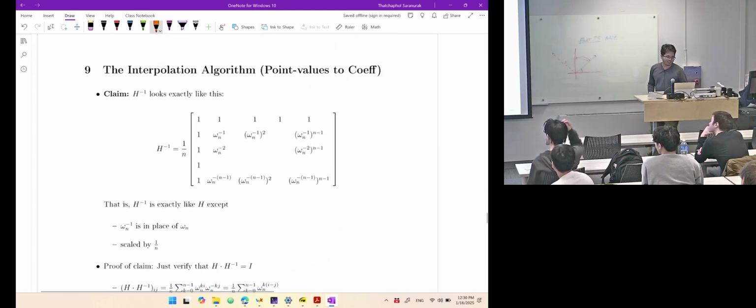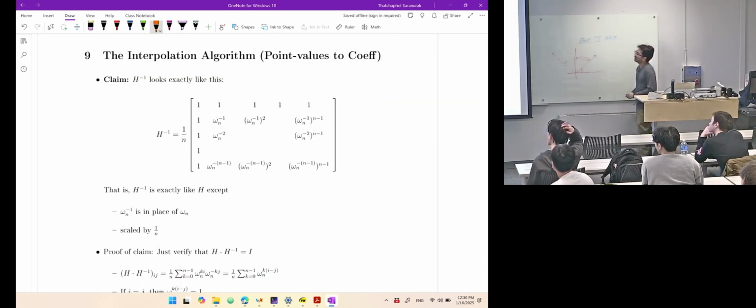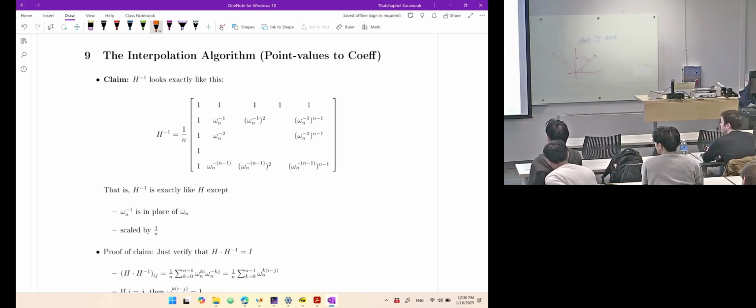So it turns out that H inverse is actually very simple. It's almost the same as H, it turns out. I claim that H inverse looks like this. Basically, it's exactly like H, except that you replace omega n by omega n inverse, omega n to the minus 1.